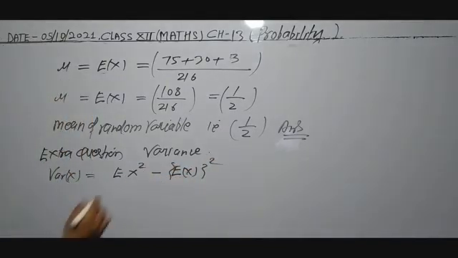Now for E of x square, we have to multiply by using the square of the random variable.